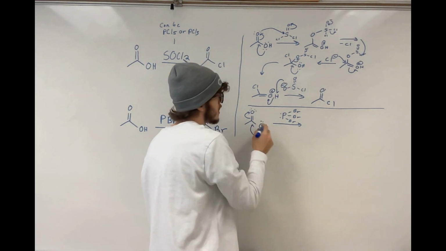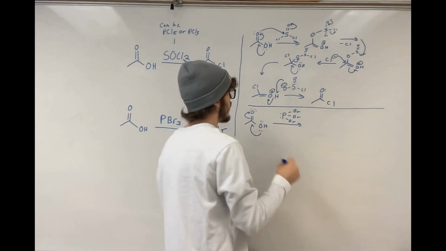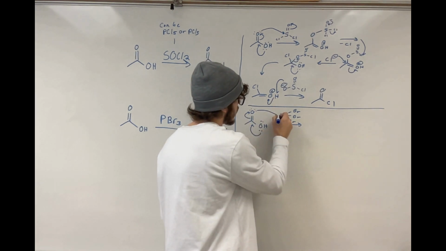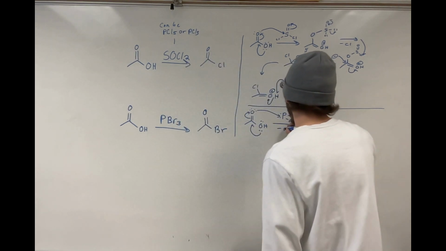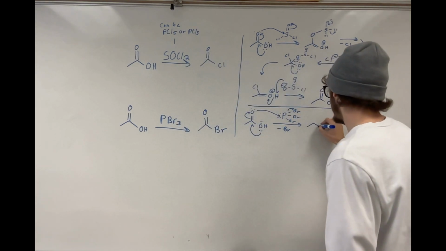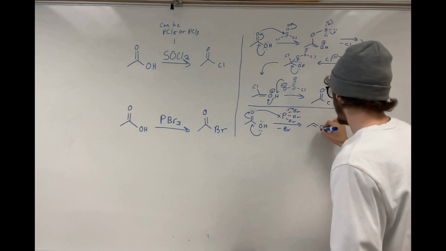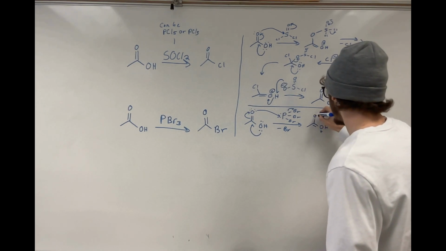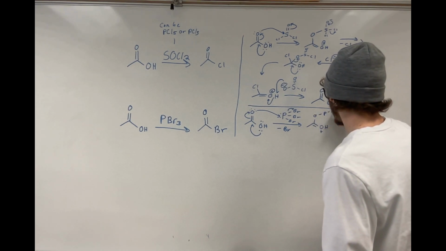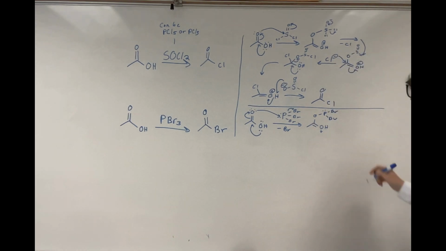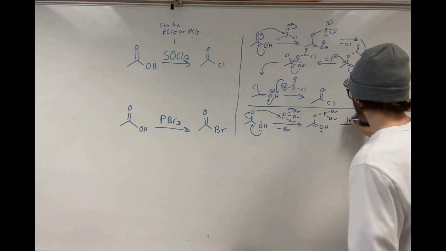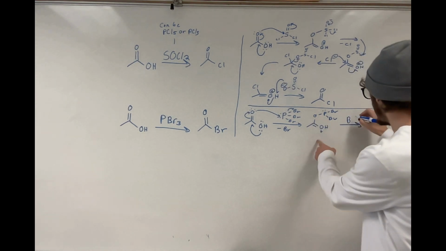There's probably a step in between, but it's more dramatic this way, and therefore it's better. We attack the phosphorus and immediately kick off a bromine. Okay, so we get minus bromine. Okay, so we have a happy bromine. We have a happy group up here, but an unhappy group here.